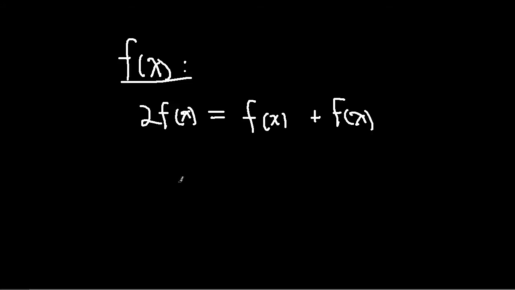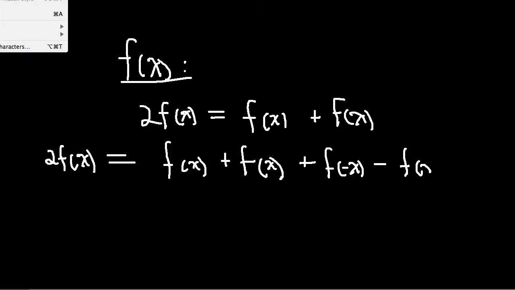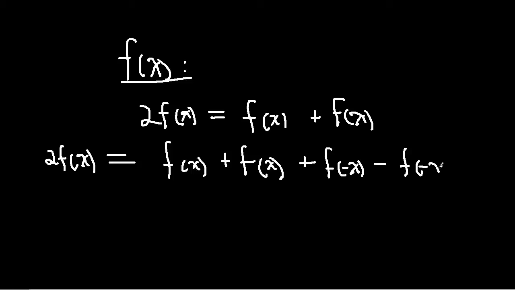Now, suppose I add and subtract f of negative x. So I'll take 2 times f of x, which is equal to, here's what I'm going to do, f of x plus f of x, and now I'm going to add f of negative x, minus f of negative x.